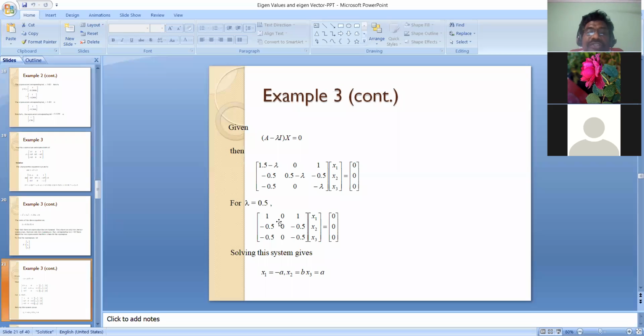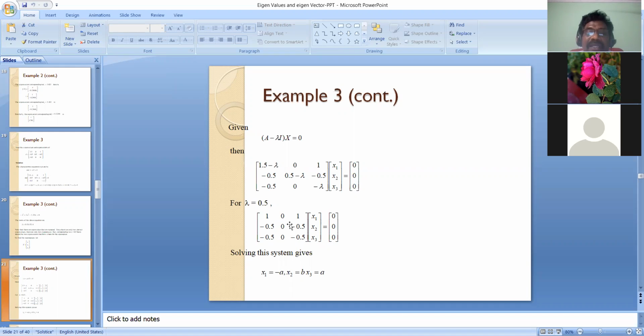And if you see this matrix, in all the rows there is no x2 coefficient. That means x2 is also chosen as some other constant value, say x2 equal to B. All the rows are equal in this case.